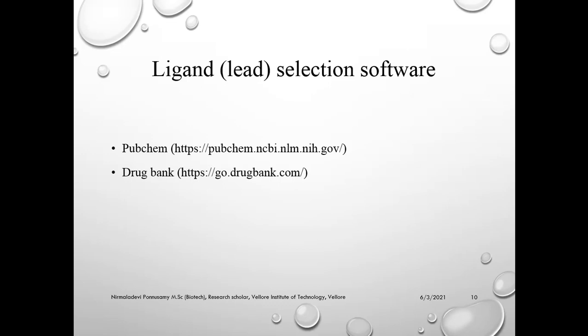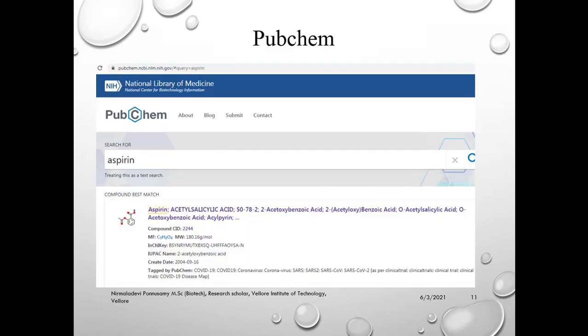For ligand selection, there are two databases I have provided. One is PubChem, another one is DrugBank. This is the URL link; if you need to go, just click on it. This is the PubChem database. I have given, for example, one drug name or compound name.